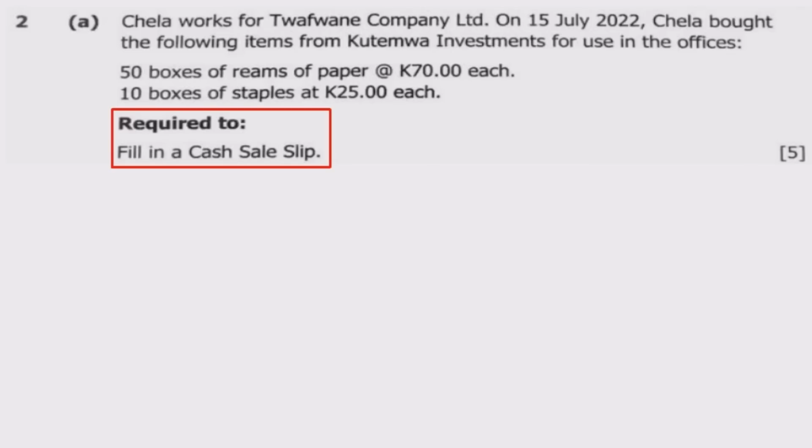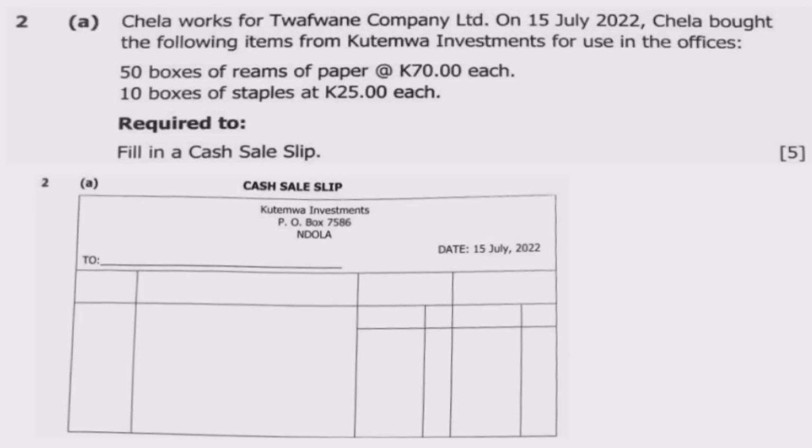So I want you and me to jump into this activity. Well, let's go in and prepare the cash sale slip. Here is a frame for a cash sale slip. This frame, you find it in your answer booklet.